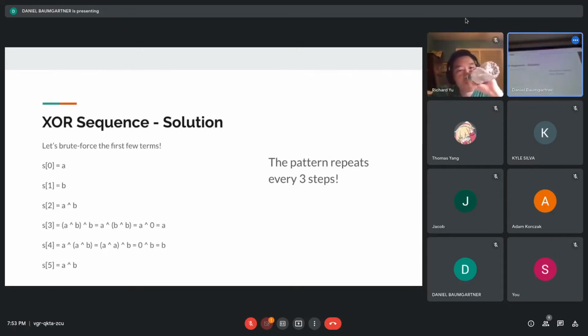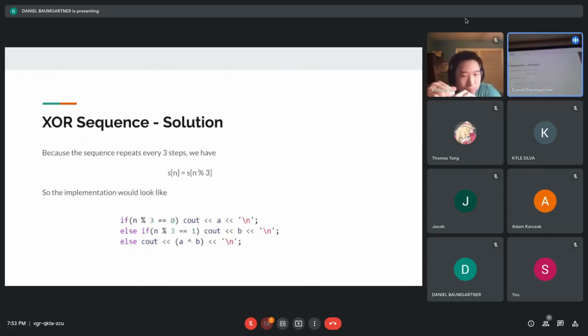So for implementation purposes, since the cycle has a length of 3, we can discard any multiple of 3 from our n, because it will just repeat. That's how we would use the modulo operator in this case. And the implementation, because of that, becomes quite simple and short.